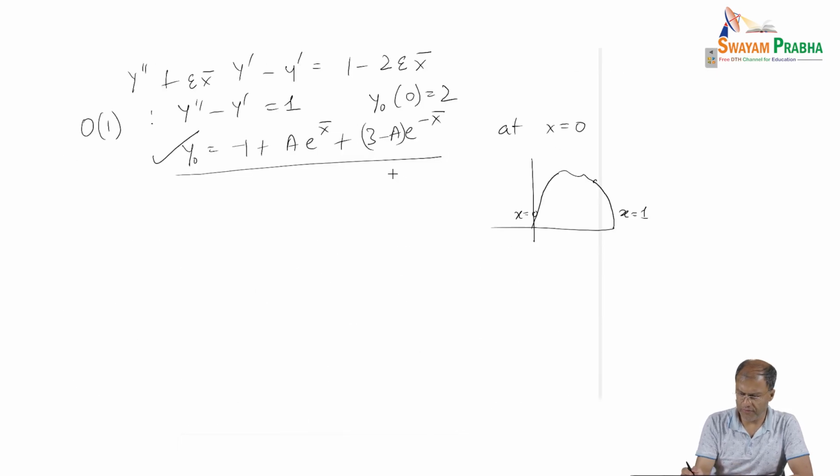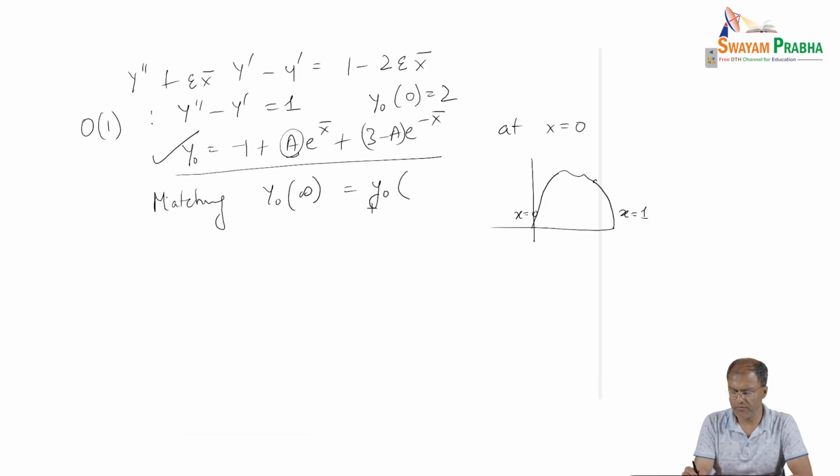So all we need to find is this constant a, and what we do is a matching of y0 at infinity to the regularly perturbed solution at 0. So y0 at infinity, and this is to be matched at 0.